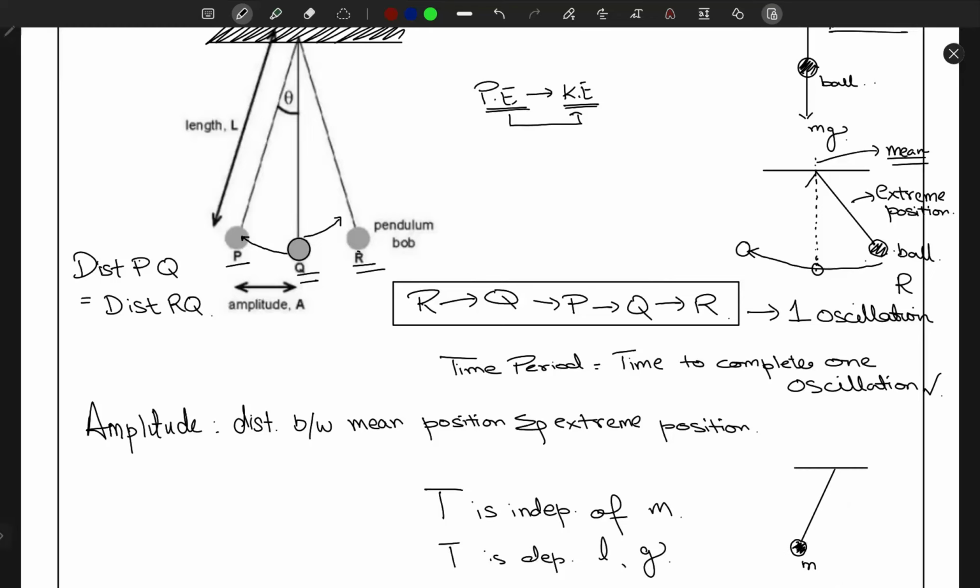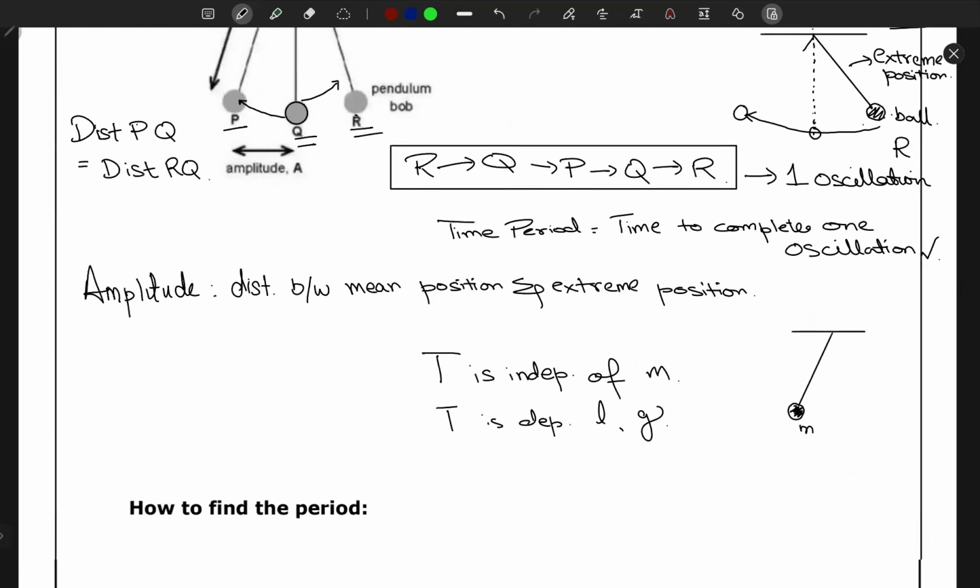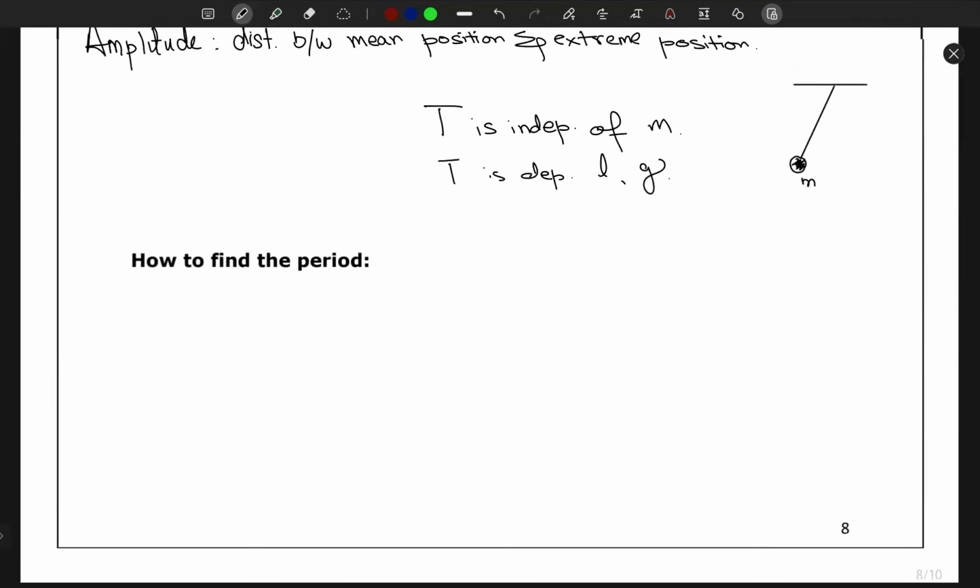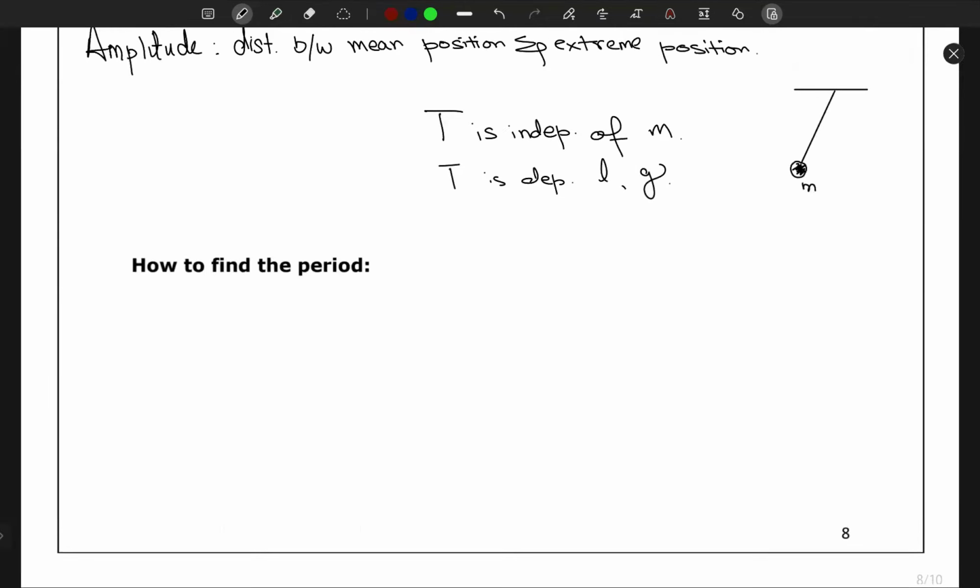Now, suppose that you want to find the time period. There are some steps that you will take. The first step is you'll have this bob, and you will make it oscillate. Now it will start oscillating, and you will use your stopwatch and time the oscillations.